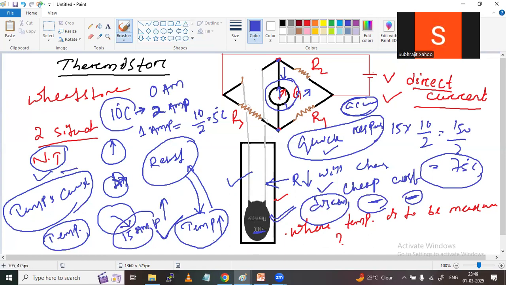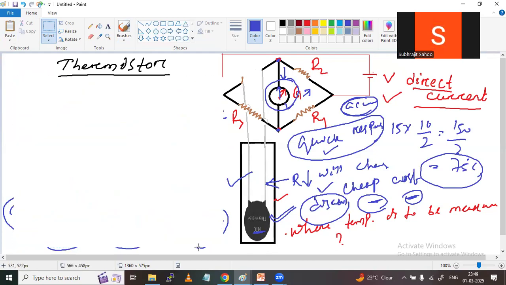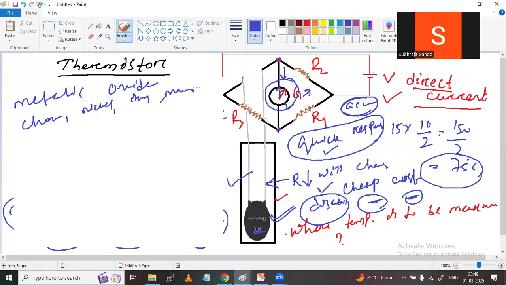Sir, what are the materials used for measurement of this temperature? For the construction, what are the materials, sir? Materials are generally metal oxides. It is made up of metallic oxides, such as chromium, nickel, iron, manganese, cobalt, like this, not pure metals.